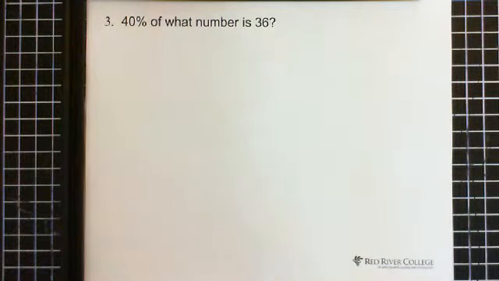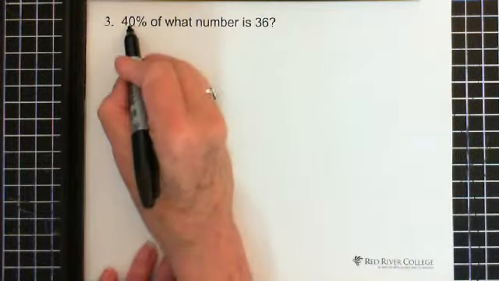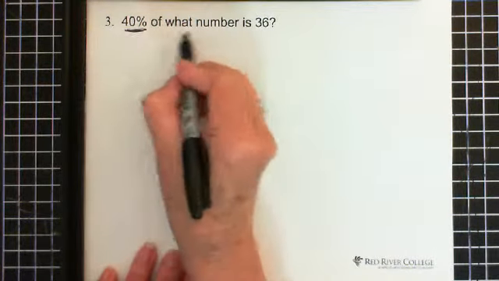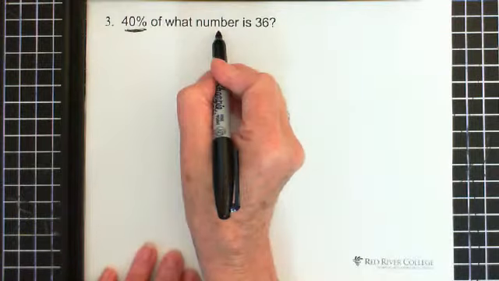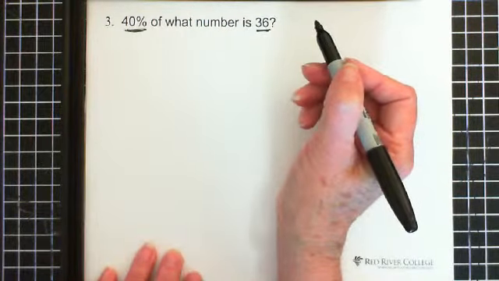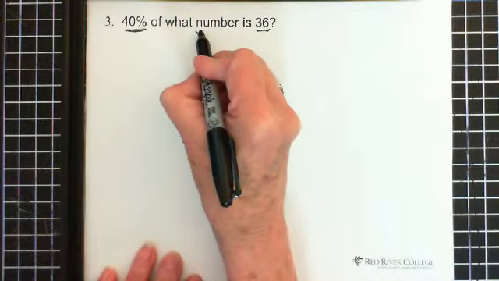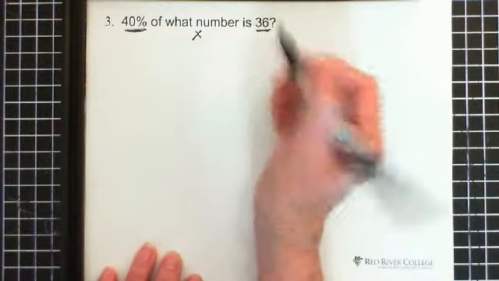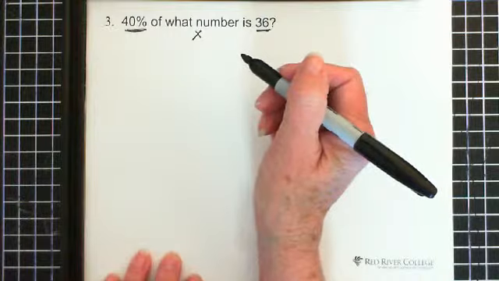Okay, next question. 40% of what number is 36? So, 40% of something is 36. Right? This is our unknown. Which is the part and which is the whole?